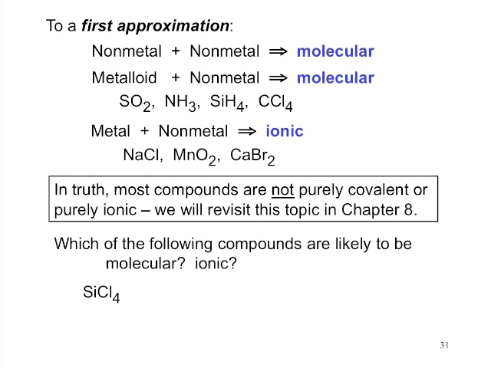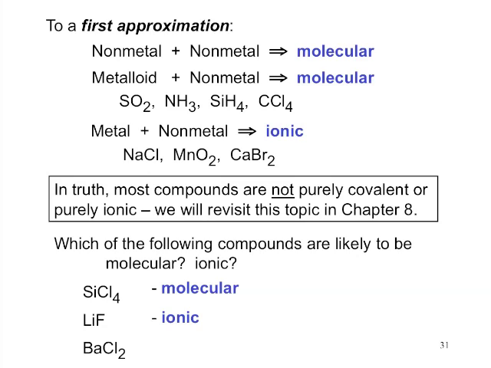Well, since silicon is a metalloid and chlorine is a nonmetal, your prediction should be that it is molecular, and indeed it is. The next one, LiF, is lithium fluoride. So lithium is a metal, fluorine is a nonmetal, so you should predict that it's an ionic compound. What about this one?